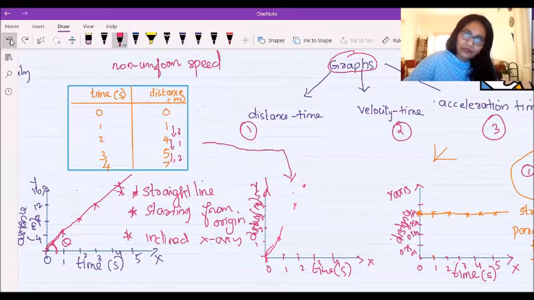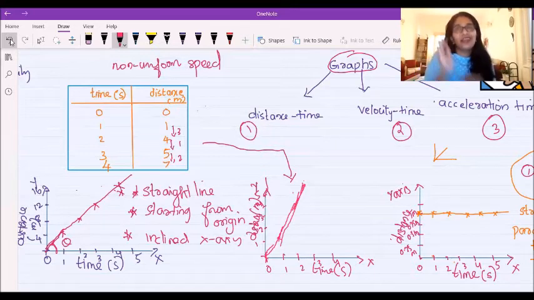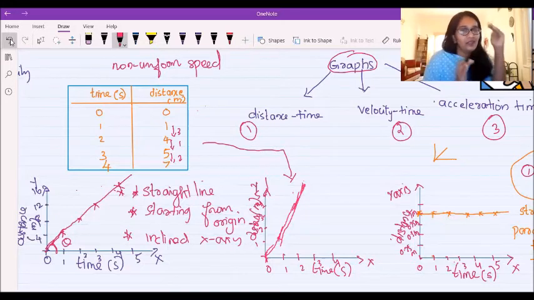Okay, the graph is coming like this. So this is a graph which is curved in nature. Okay, that means the distance is increasing, but there is no regularity. So this is a curved graph. This one is not a straight line. It is having a curve like this. Okay, so this is the graph.